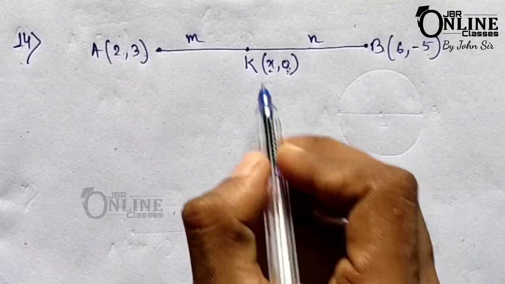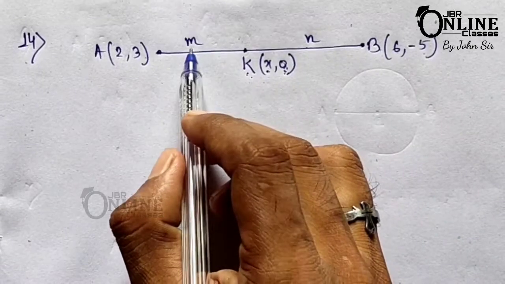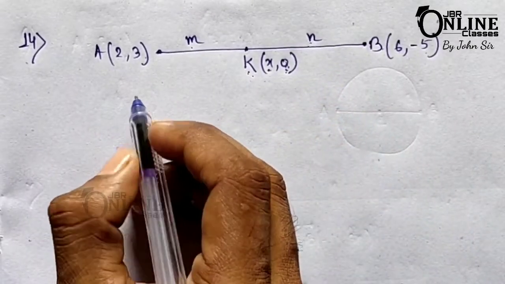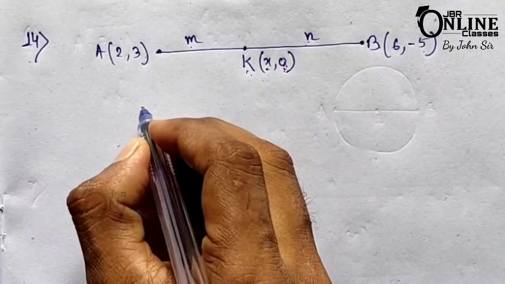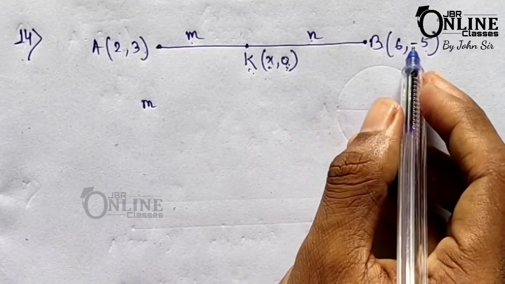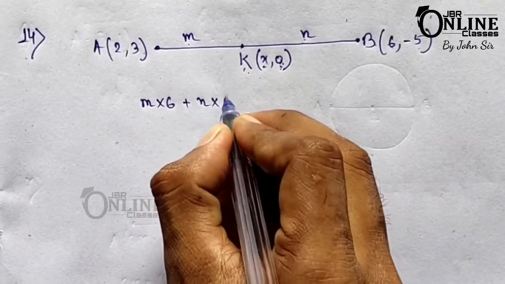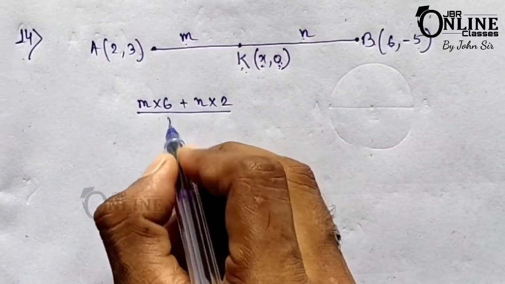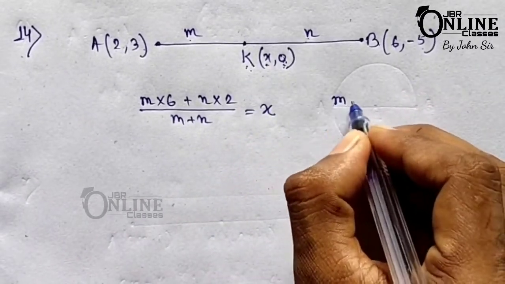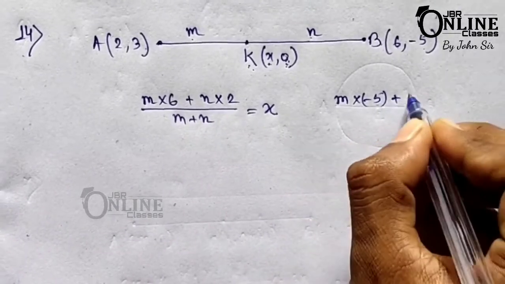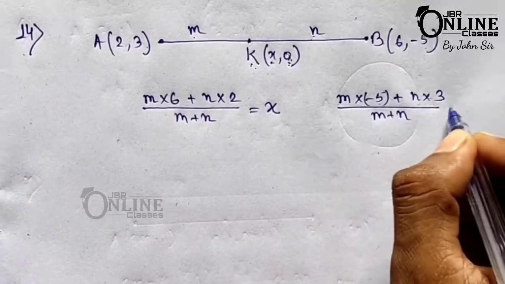First we have to find the coordinates of K, and next we have to find the values of m and n also. As the ratio is m is to n, m x2, that is m into 6, plus n x1, that is n into 2, divided by m plus n, equals x. And the second one, m y2, that means minus 5, plus n y1, that is 3, divided by m plus n, equals 0.